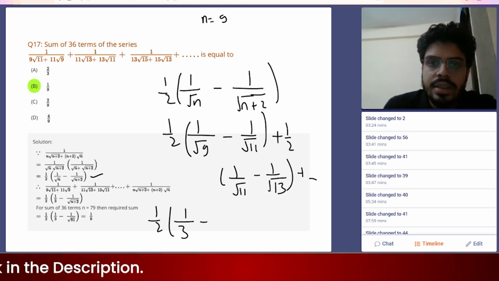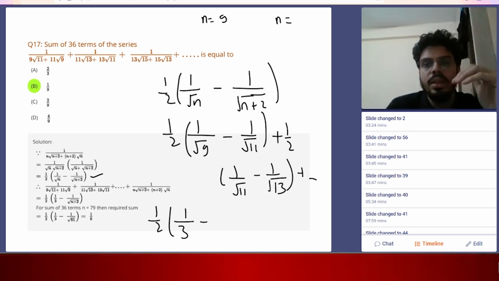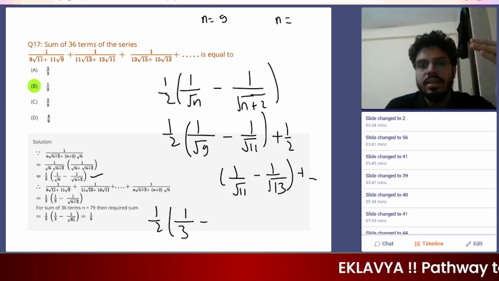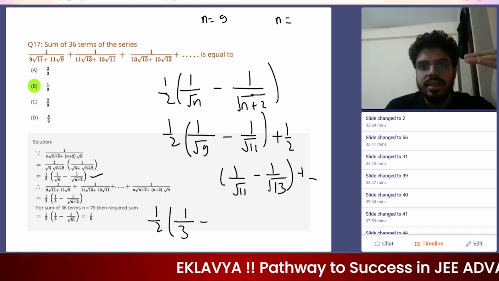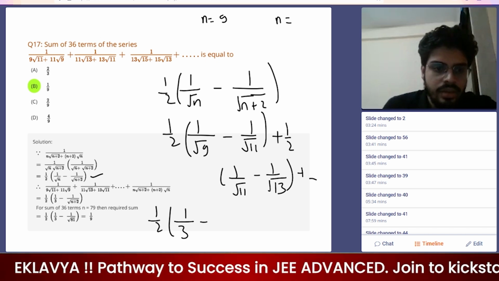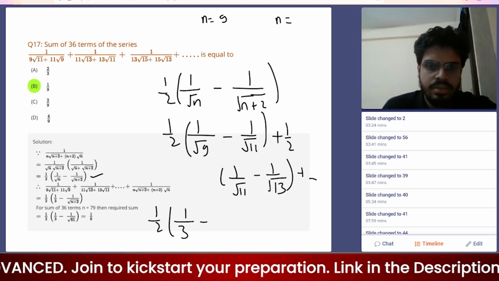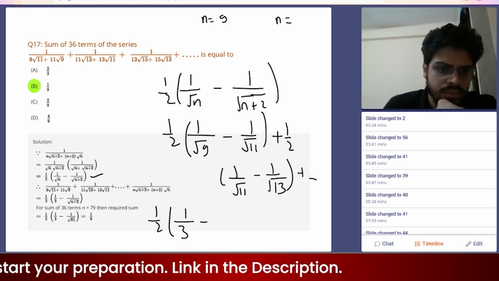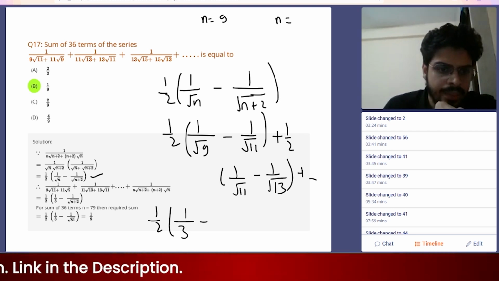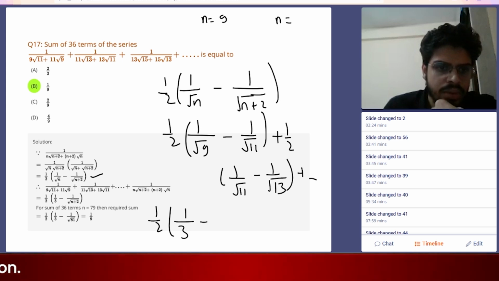So for the 36th term, we will use n equal to, you can add 8 plus 36, no, 44, one second. n is equal to 79.